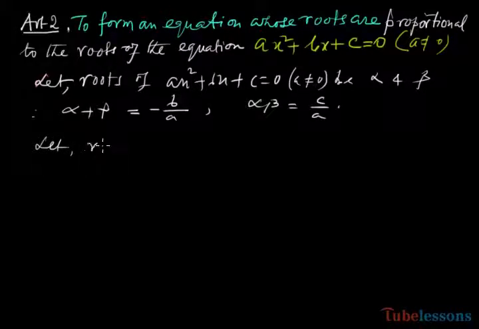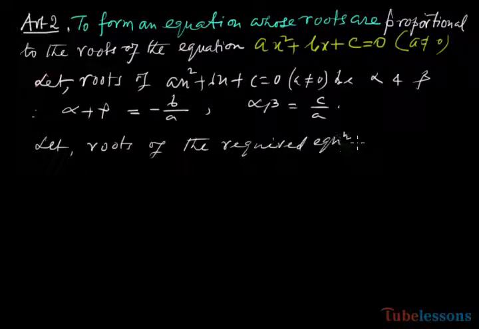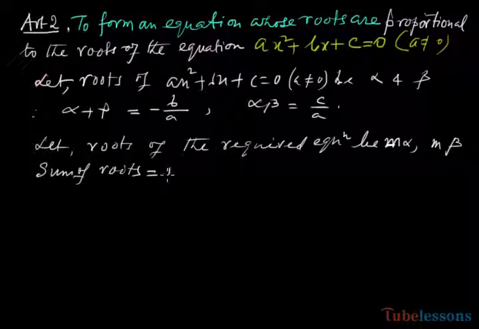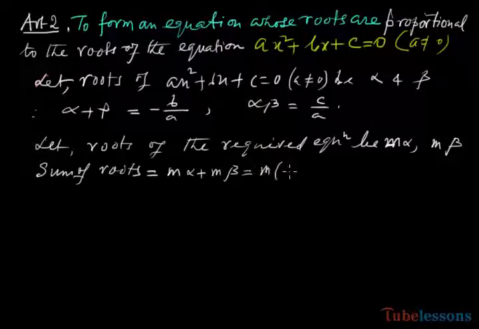Let roots of the required equation be m alpha and m beta, so that they are proportional and the ratio is m is to 1. Sum of roots is equal to m alpha plus m beta, taking m common.